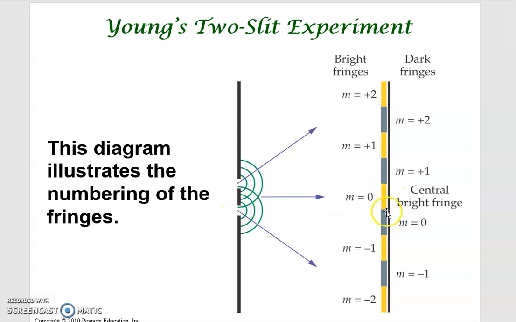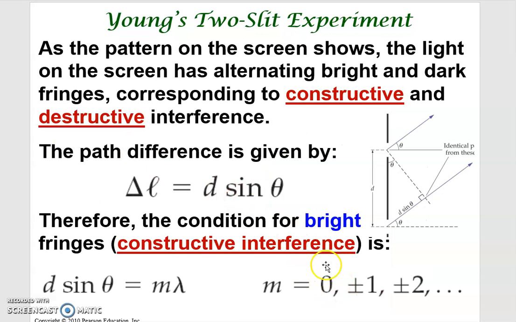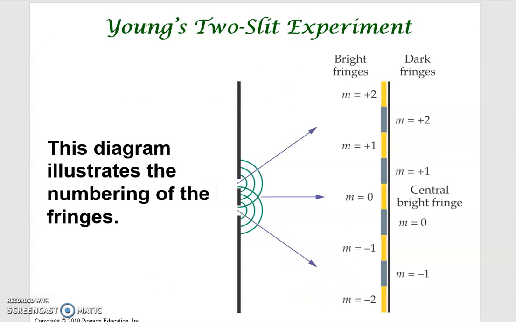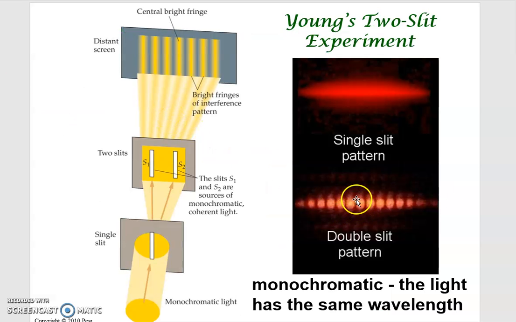So apparently this will be the position for the bright fringe. This is the so-called central bright fringe, and the notation we're going to use is m equal to 0. This is the brightest one you are going to observe, at the center.